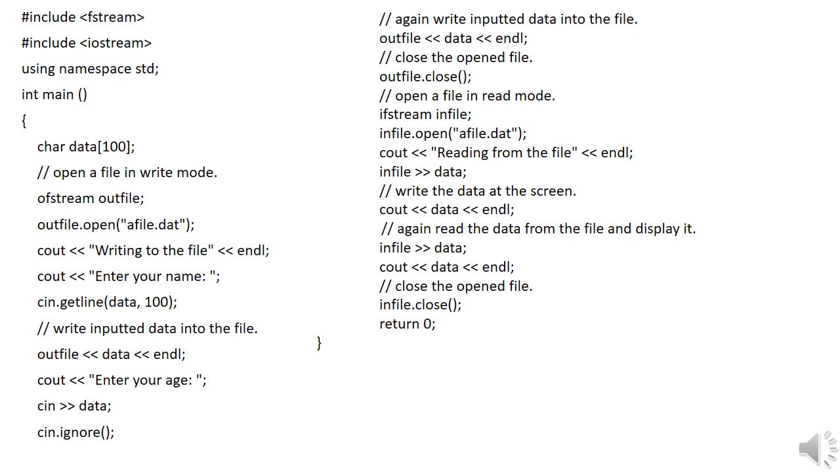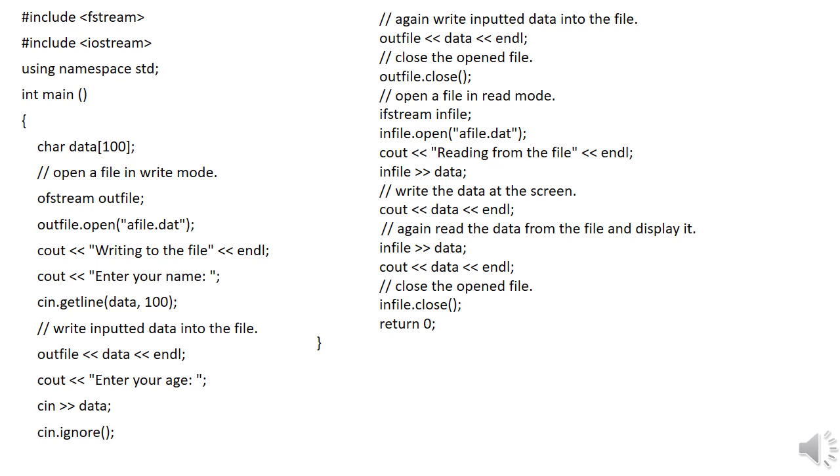Then we are going to display it on the monitor. The syntax is cout data, that will display the name on the monitor. Then again we are going to read the next line from the file. The syntax is infile double greater than data, that will read the age from the file afile.dat.